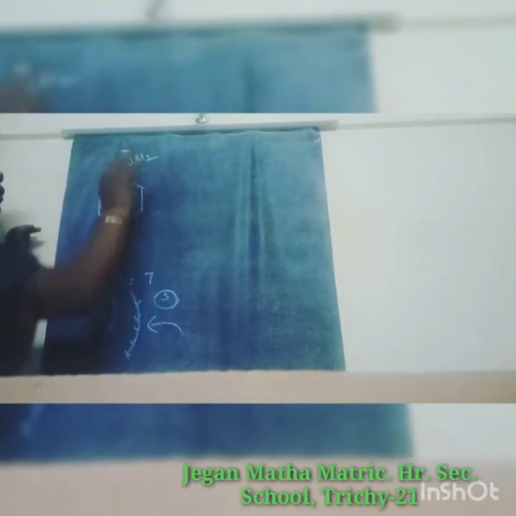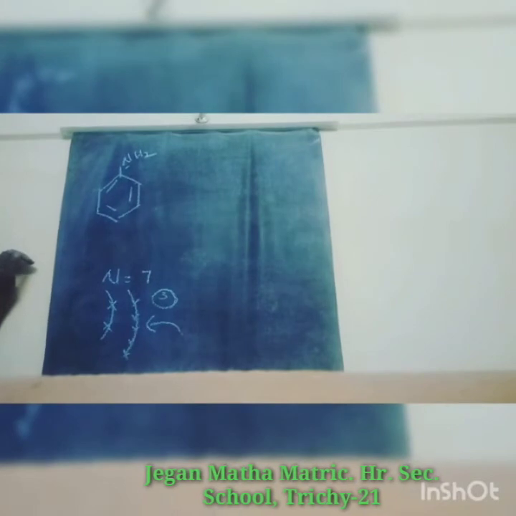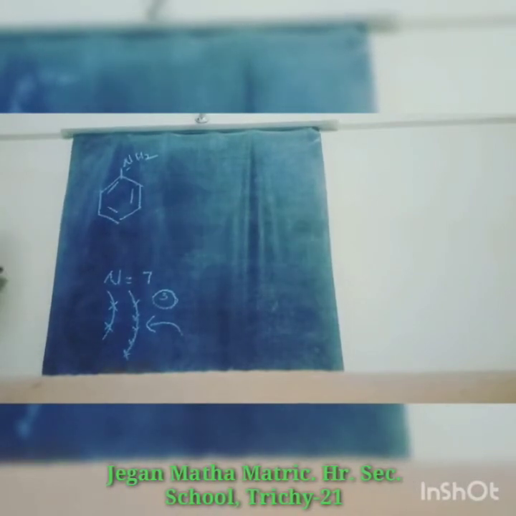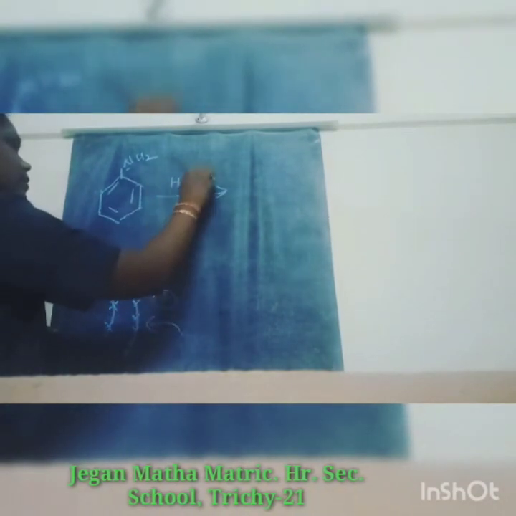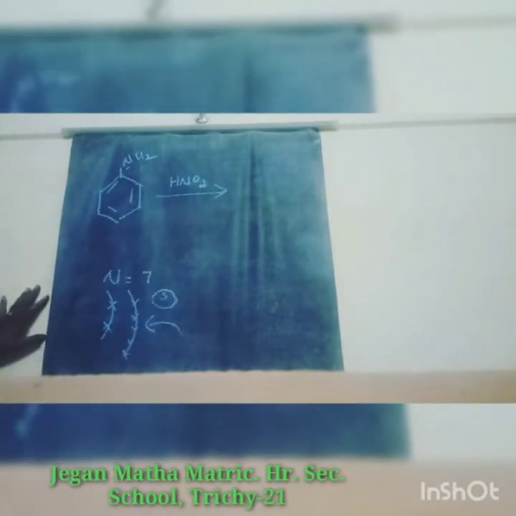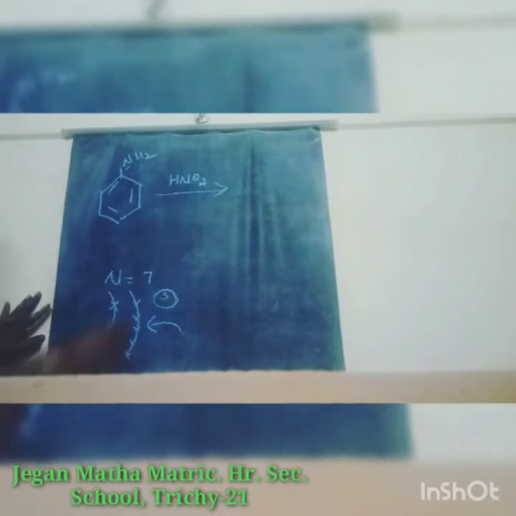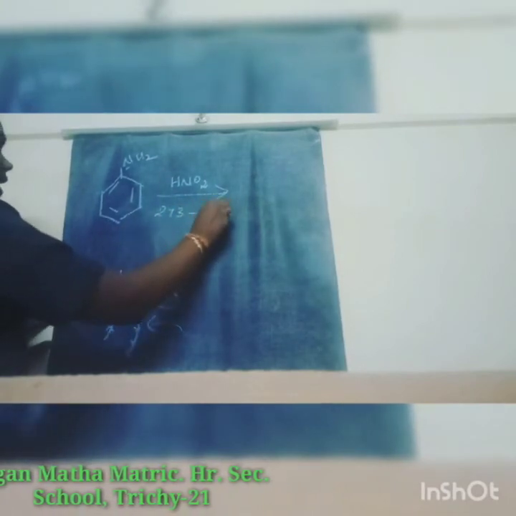So benzene, so NH2, so this is aniline structure. So in the presence of nitrous acid, so nitrous acid means HNO2. At what temperature is it taken here? 273 to 278 Kelvin.